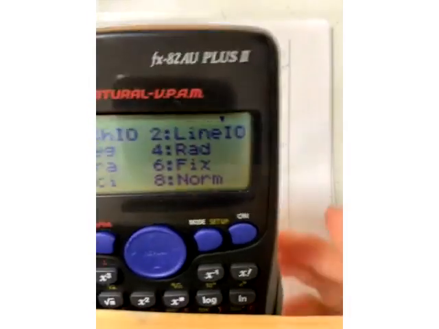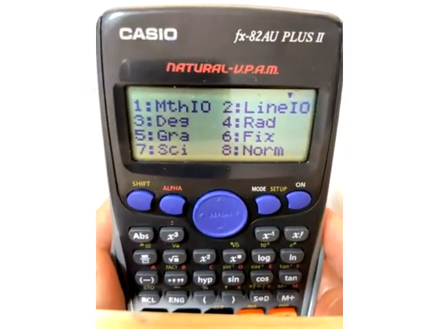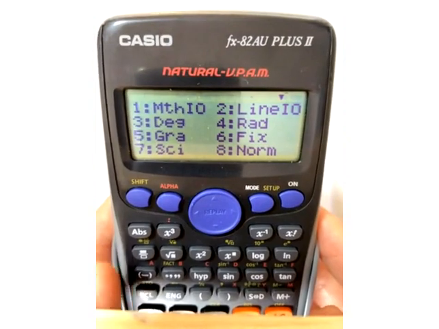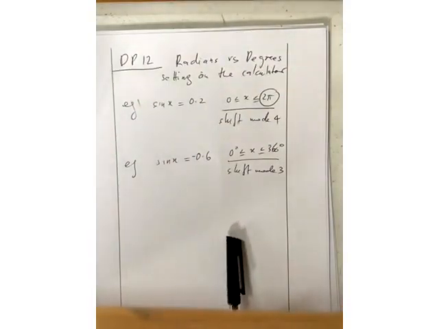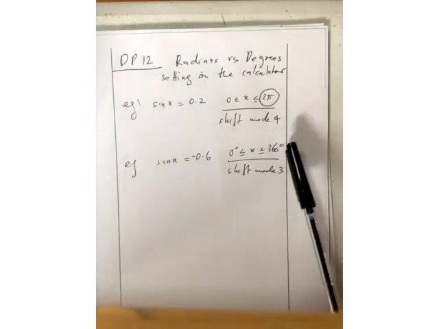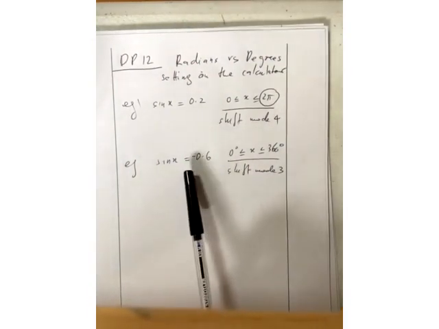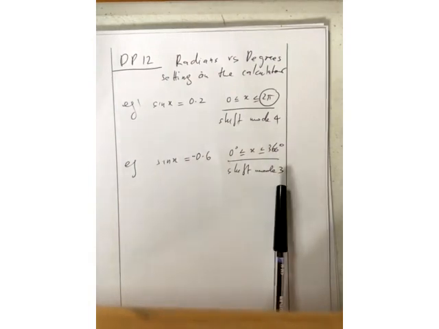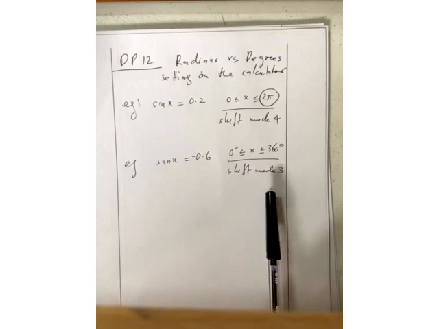So that would have to be into degrees mode. Yeah. So that will be shift mode 3, and then shift mode 4. That's how you set the calculators into the various modes, depending on what domain they want your question to be answered over. So make sure you have that in the right settings, otherwise you will get the wrong answer.